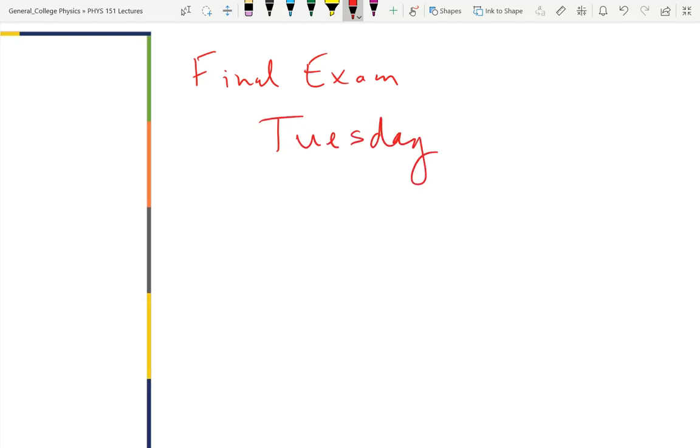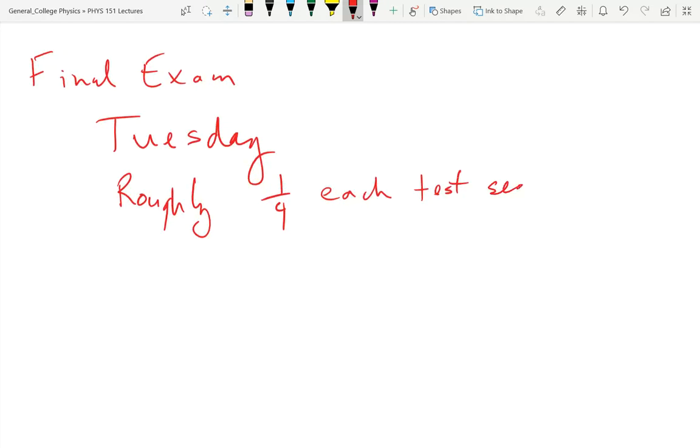More questions. Is the test the same amount of questions? Yes. The exam will be roughly 1/4 material, not from the test, but content from each chapter or each test segment. That's 1/4. That should have been 1/5, because I'm good at fractions.